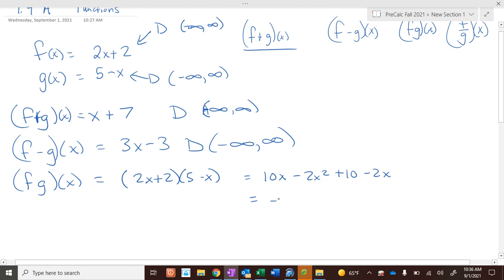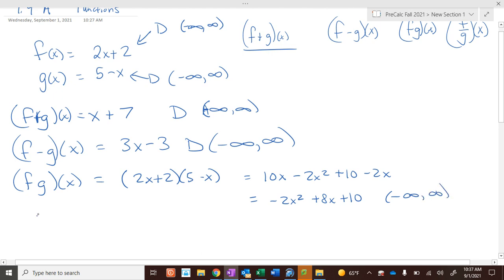So this winds up to be negative 2x squared plus 8x plus 10. Now, is there anything that would limit this domain? No. So it'd be negative infinity to infinity.